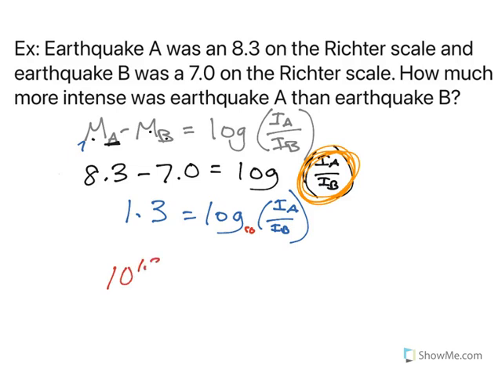So 10 to the 1.3 equals the intensity of A over the intensity of B.